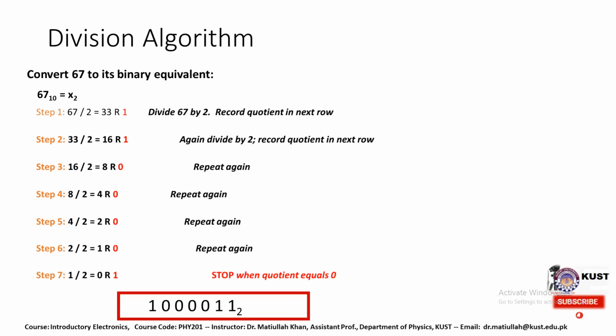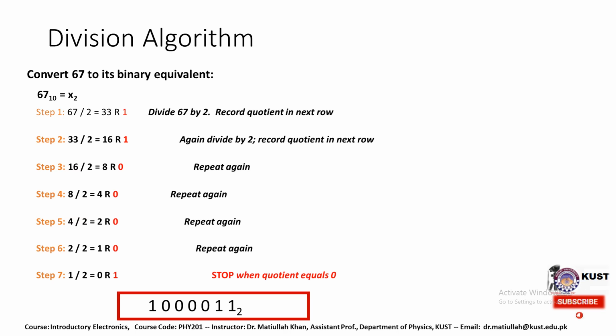In the next step we divide 32 by 2, and we have a remainder of 1, and then 16 comes, because 16 is half of 32. So we repeat the same process again.